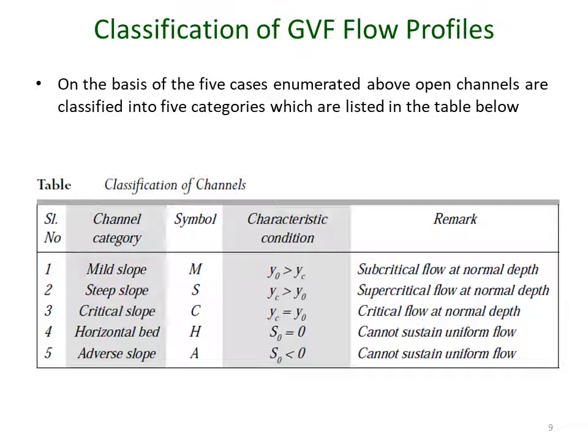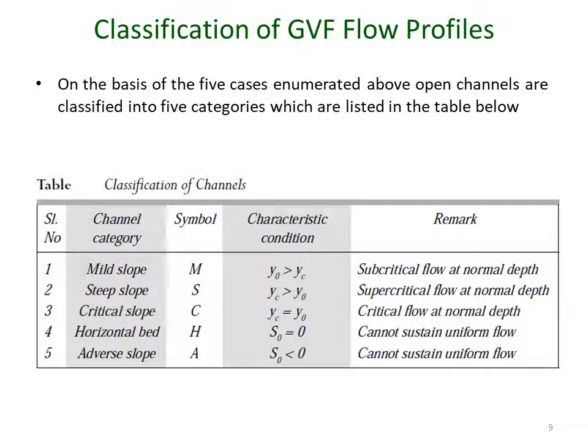Case number 3 is the case of the critical slope. The channel is at critical slope and is symbolized by capital C, and here the normal flow depth equals the critical flow depth, and of course signifies critical flow at normal depth.